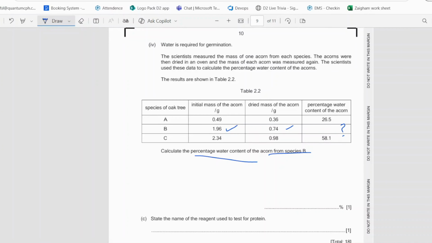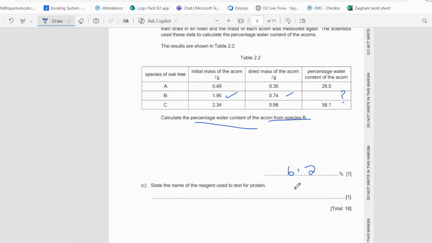Okay. Yes, we do. We need to. Yes. 62.2. That is correct. So initial minus whatever is this, divided by 1.96 multiplied by 100. Okay, working is not required.